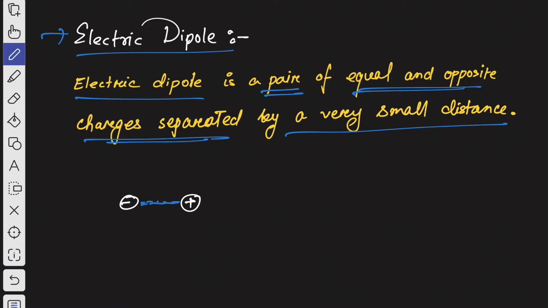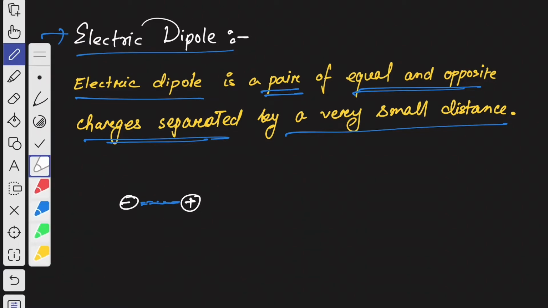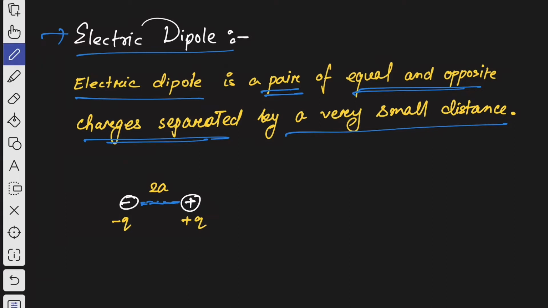If they are separated by a very small distance, suppose twice a, then this is called a dipole. The charge on this end is negative q, and this is positive q. So this is an electric dipole.